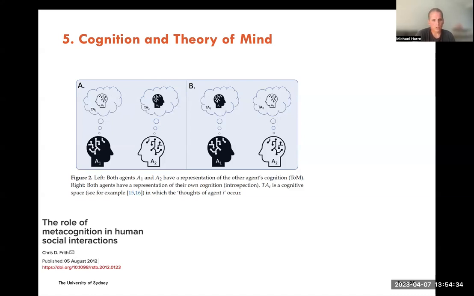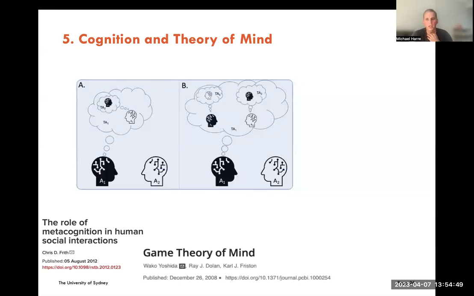So on the left-hand side, we have agent one thinking about agent two. On the right-hand side, we have agent one thinking about themselves, so reflecting on their own cognition. So thinking about yourself and thinking about other people are both types of metacognition. In the game theory of mind that was introduced by Yoshida, Dolan, and Friston, what they introduced was the idea that you could think about someone else thinking about the way that you're thinking.